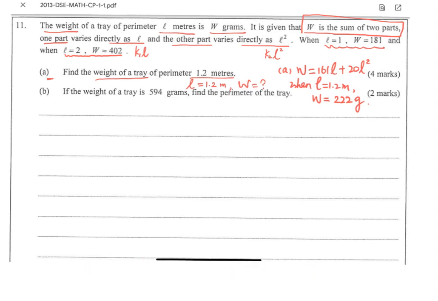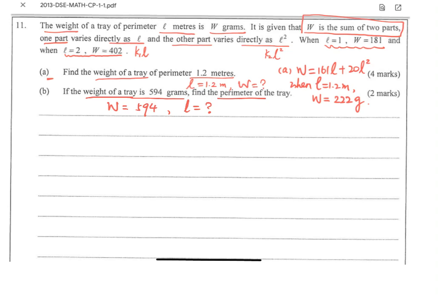594. Find the perimeter. So what does it mean? If the weight is 594, means W, if W equal to 594 grams, then you need to find the perimeter of the shade. You need to find L. L represent perimeter.